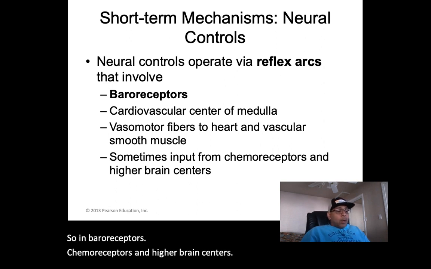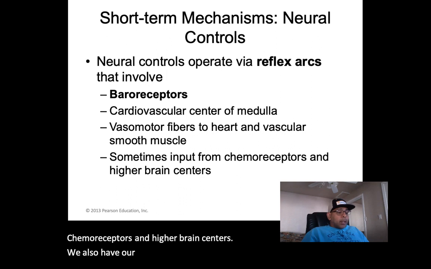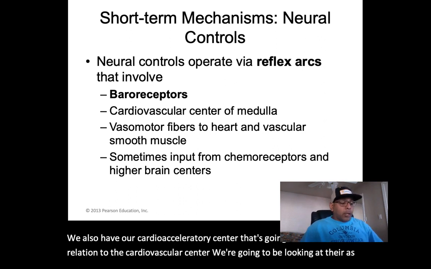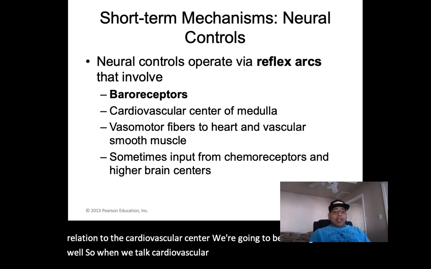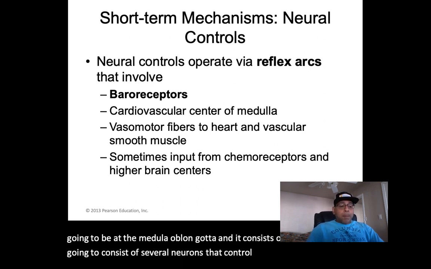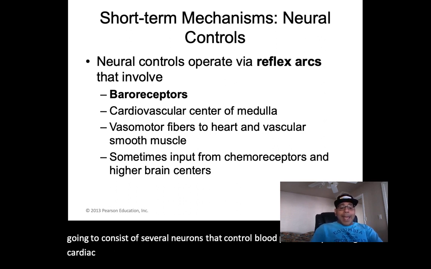We also have our Cardiovascular Center. The Cardiovascular Center is going to be at the medulla oblongata, and it consists of several neurons that control blood pressure by altering cardiac output and blood vessel diameter.